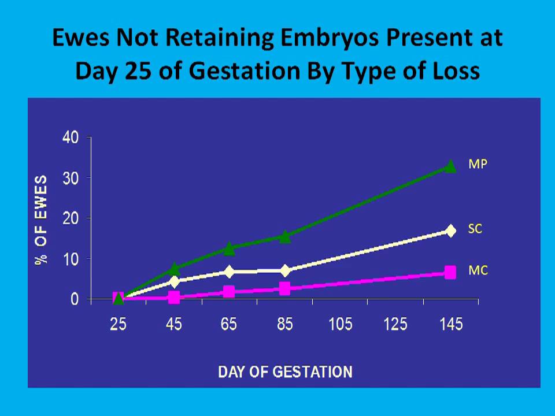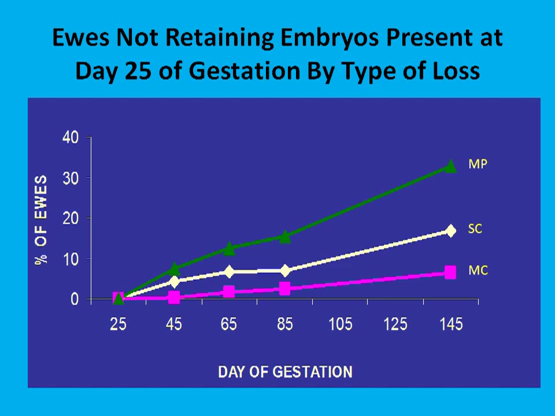We can summarize it that there are 3 types of losses. Ones that are carrying single lambs and lose them. Ones that are carrying multiple lambs and lose them. And what happens more often is ones that are carrying multiple lambs but lose one of them. The other thing you see in this graph is that they can occur between day 25 and 45, 45 and 65, 65 and 85, or 85 and term.